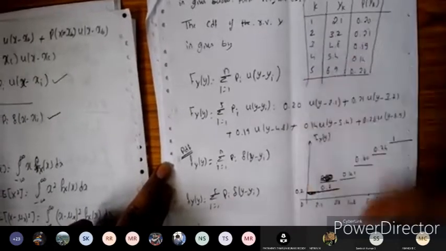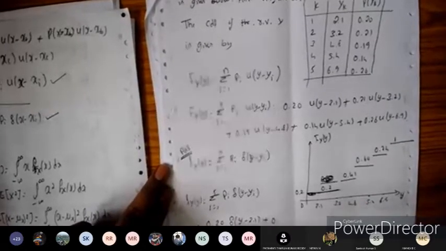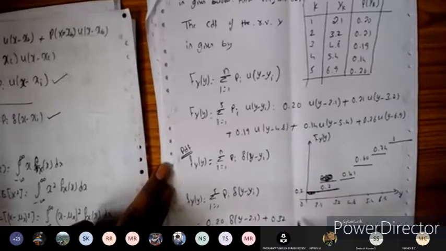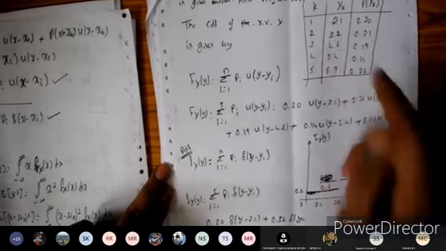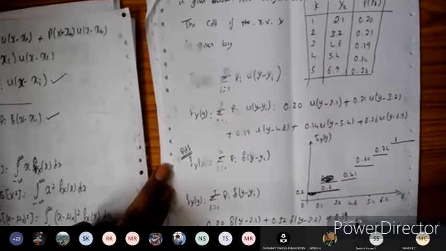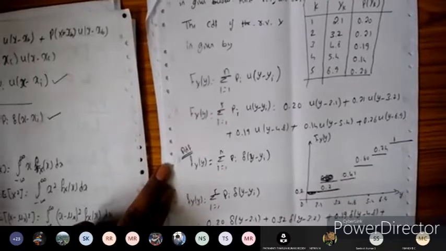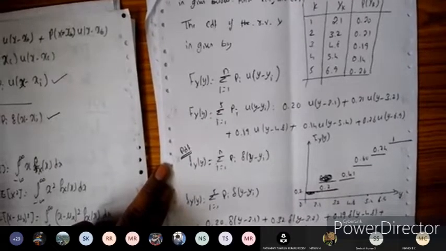Substitute the corresponding probabilities: 0.20 into delta of y minus 2.1 for i equals 1, plus 0.32 into delta of y minus 3.2 for i equals 2, plus 0.19 into delta of y minus 4.8 for i equals 3, plus 0.14 into delta of y minus 5.4, plus 0.26 into delta of y minus 6.9.